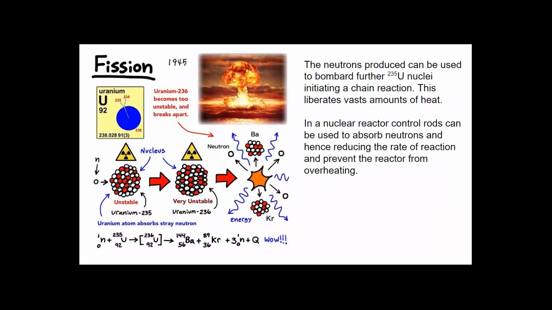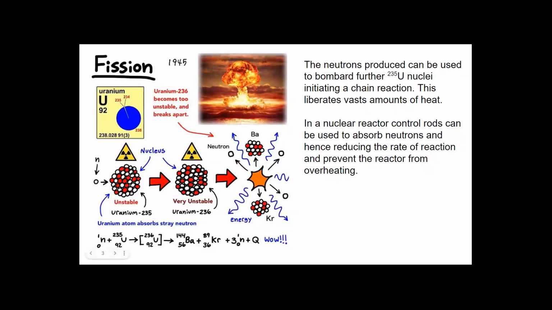What happens in fission? A large nucleus, such as uranium-235, is broken down into smaller atoms, such as krypton and barium. A neutron will bombard the nucleus, and this makes it very unstable, and therefore it breaks down into more atoms.